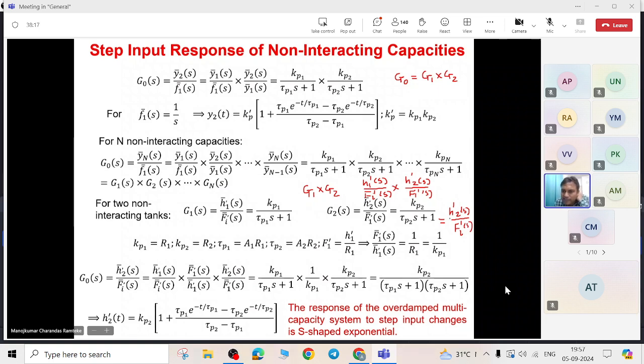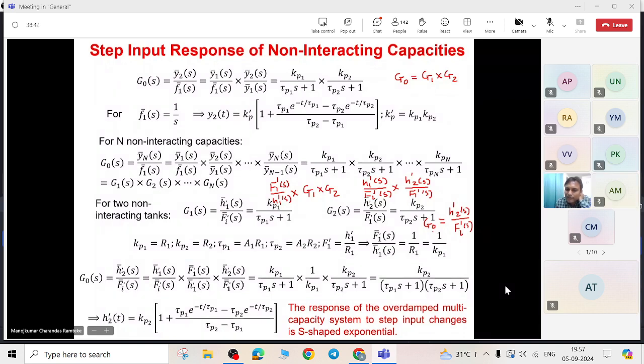This is nothing but the overall transfer function I'm looking at. Now this I can get by this additional multiplication. If I multiply here F1 dash S by H1 dash S, then I can get this. Do you all agree with me or not?